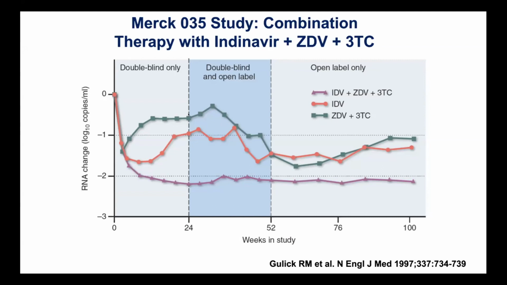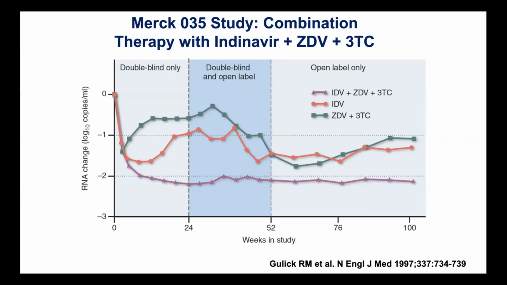Now, with continued AZT 3TC, one still did not get back to baseline. And this has been shown to be attributable to the impact on replication fitness of the M184V mutation of 3TC.